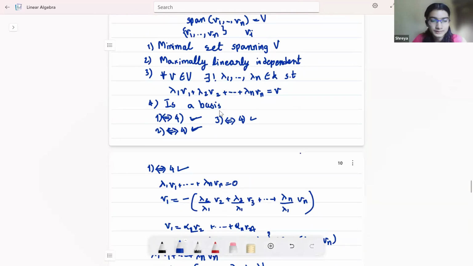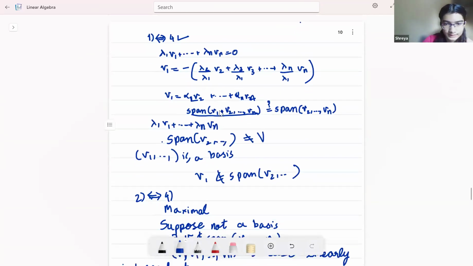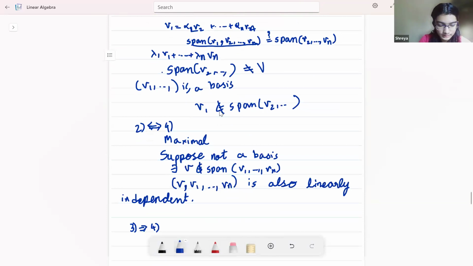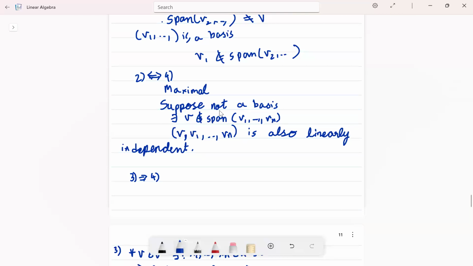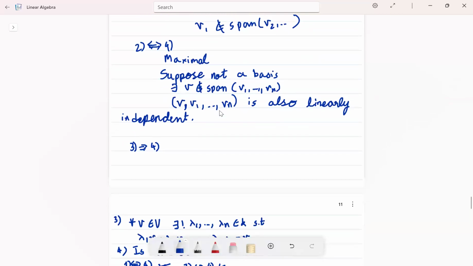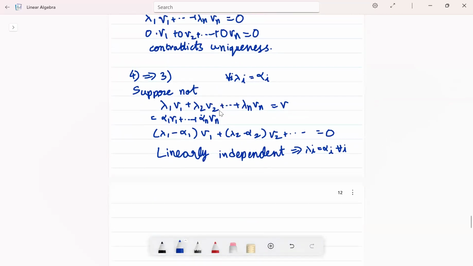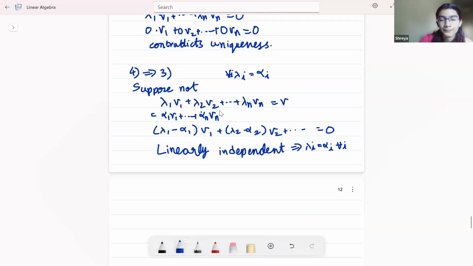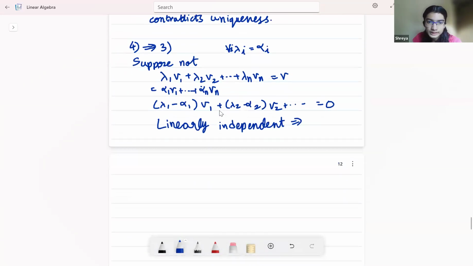Go on, speak up. I will clarify some things if it's not clear. It makes sense. Okay. Wait, I didn't get how you get the last part of 4 to 3. I got the subtraction, and then how do you get lambda i equal to alpha i? So what did we do? 4 implies 3. 4 was basis, right?